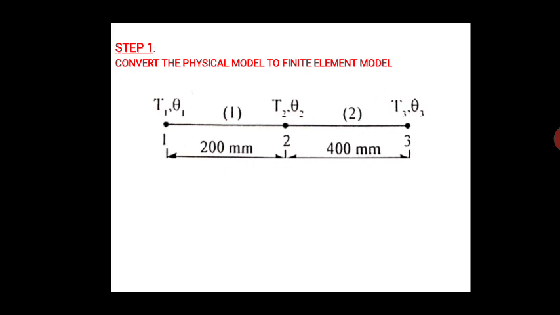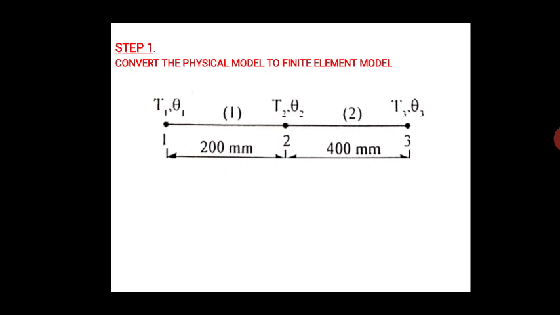We need to convert the physical model to a finite element model, which will have element 1 and element 2. Element 1 is connected between node 1 and node 2, and element 2 between nodes 2 and 3.